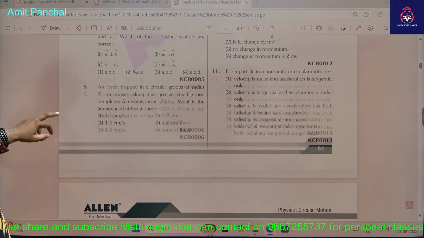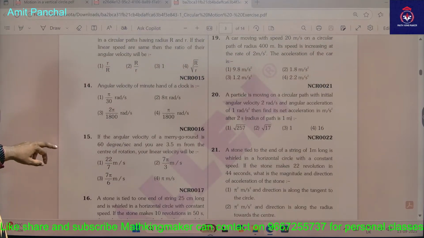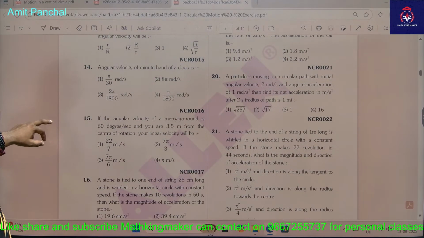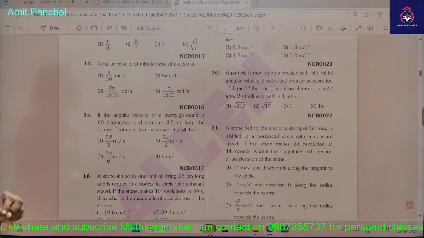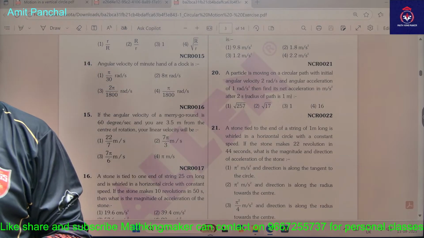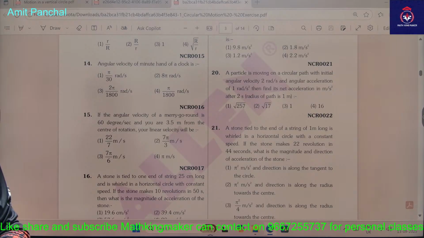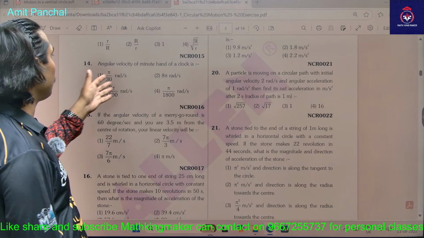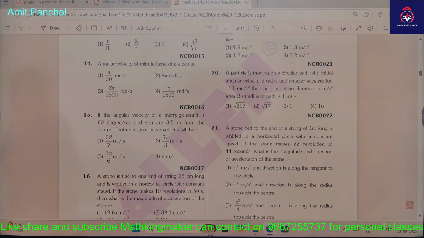Maybe we didn't cover it yesterday. Angular velocity of a minute hand of a clock means omega, you need to find it. So you need the frequency of the minute hand.